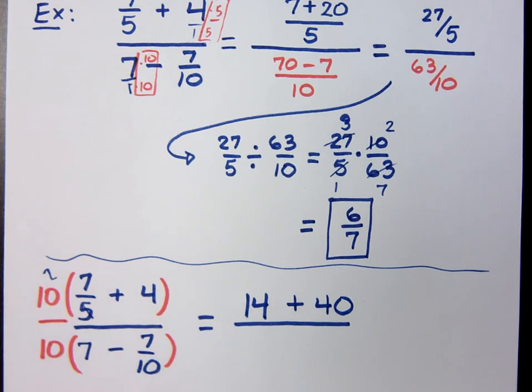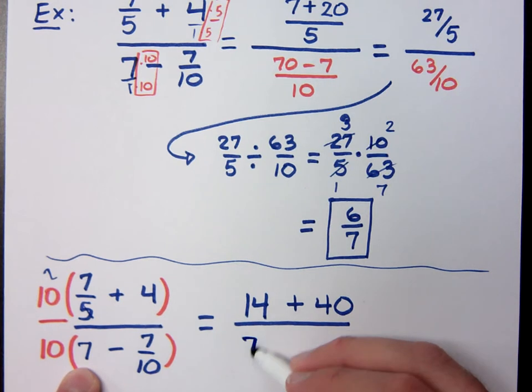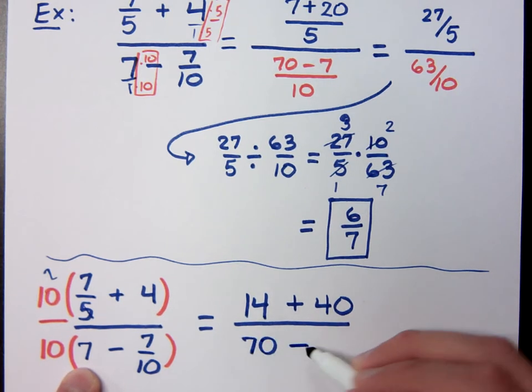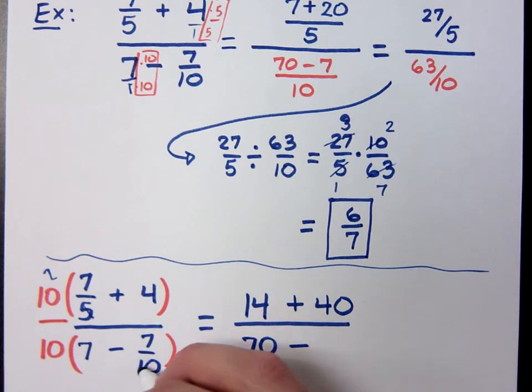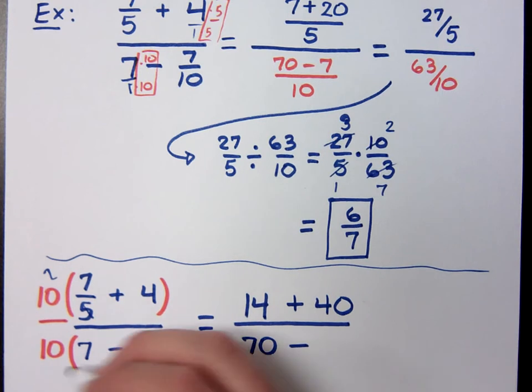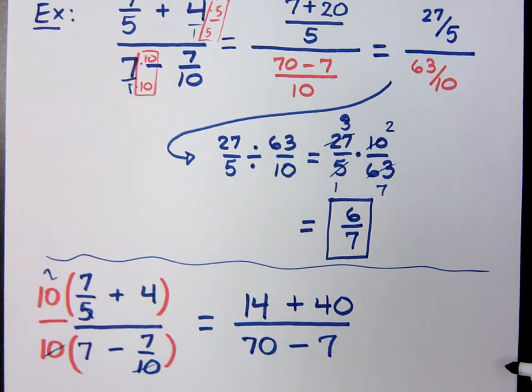Look down here in this denominator. What's 10 times 7? Minus, what happens when I do 10 times 7 over 10? Wouldn't the 10 reduce completely? You just have 7, right? So what does that give me?